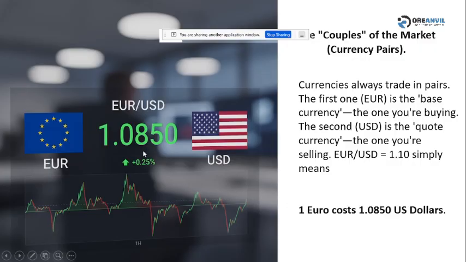So if you are holding euro, they are now worth more in dollars. And if you were trading a move like this, it could mean a small profit, depending on which side you were on. So if you can understand this now, it means you are now reading a forex quote.